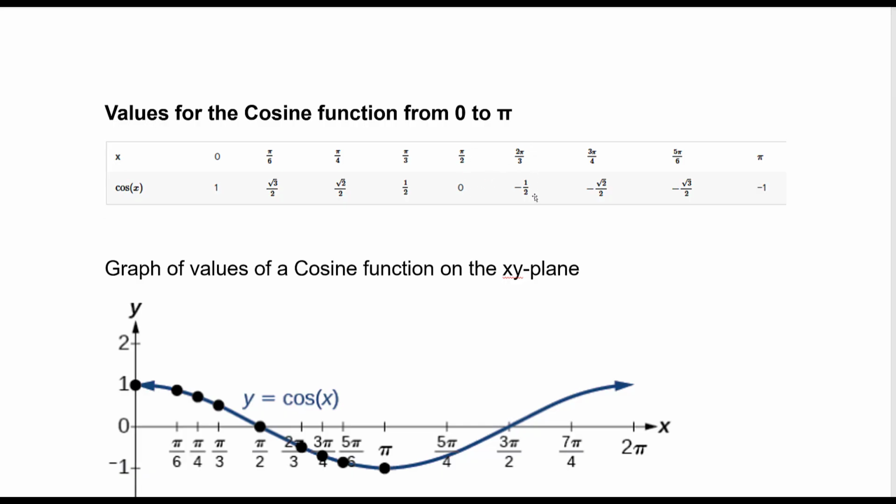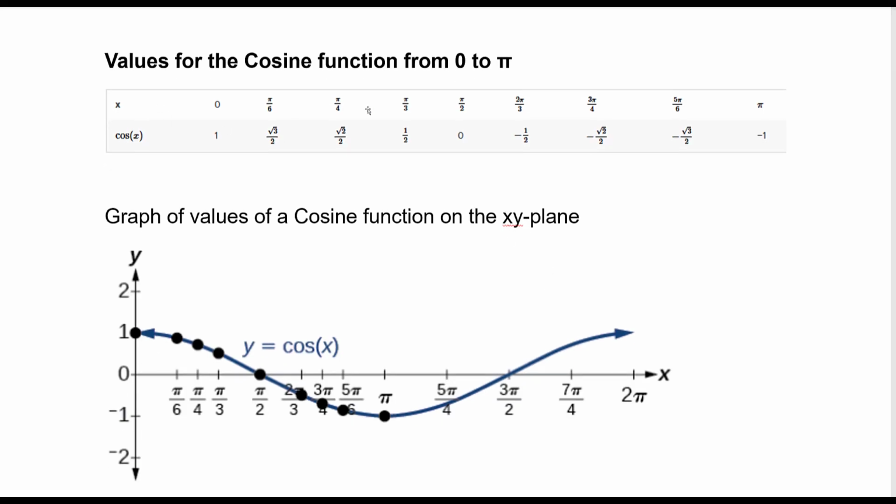X is 2 pi over 3, cosine of that is negative 1/2. X is 3 pi over 4, cosine of that is negative square root of 2 over 2. X is 5 pi over 6, cosine of that is negative square root of 3 over 2. And x is pi, cosine of that is negative 1. And so this, again, would be the first 2 quadrants of the unit circle. We see this pattern and it comes back up like that.